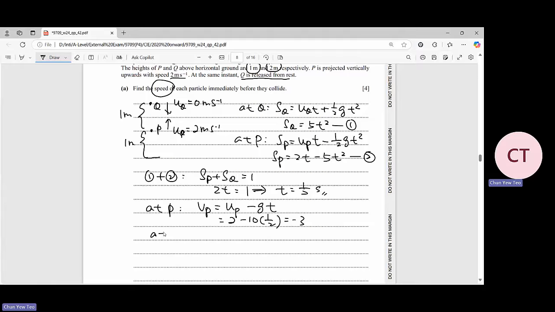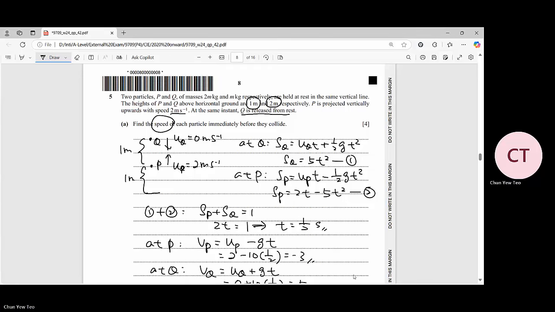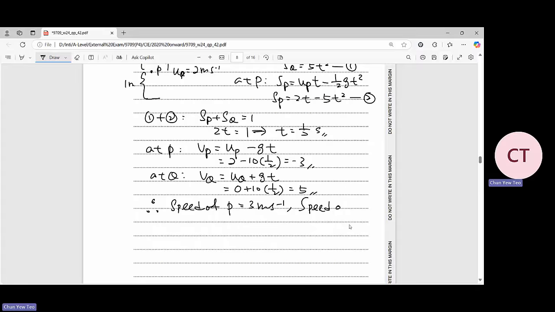Then at Q, your VQ will be UQ plus gt. That will be 0 plus 10 times half. You get 5. But you're looking for speed. So therefore, the speed of P is 3 meters per second, and the speed of Q is 5 meters per second.